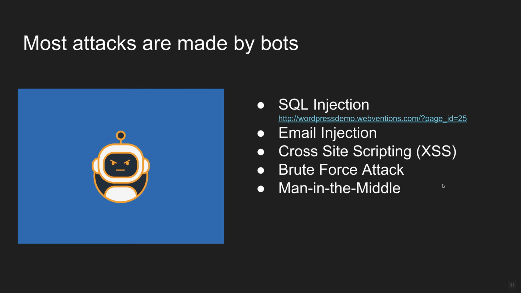Especially if the user is in a public place, like let's say they're in a cafe. It's very easy to intercept a transmission.